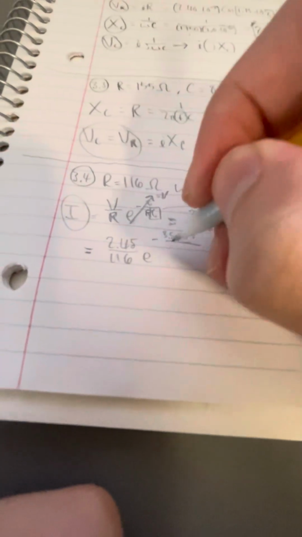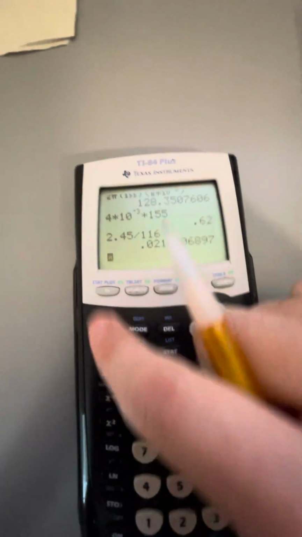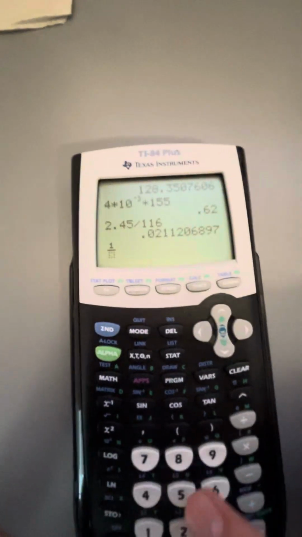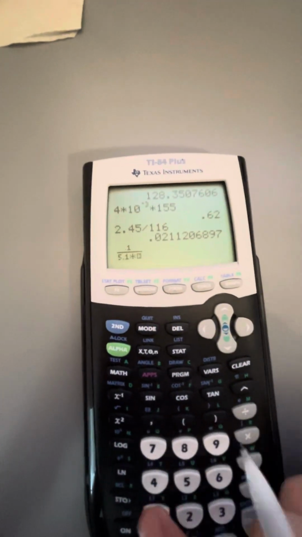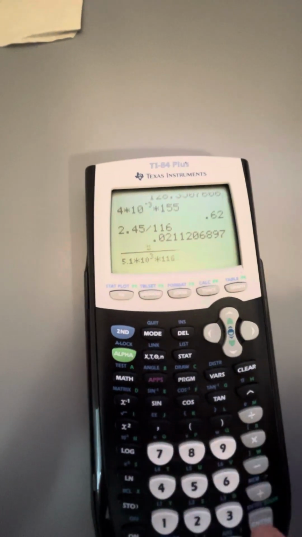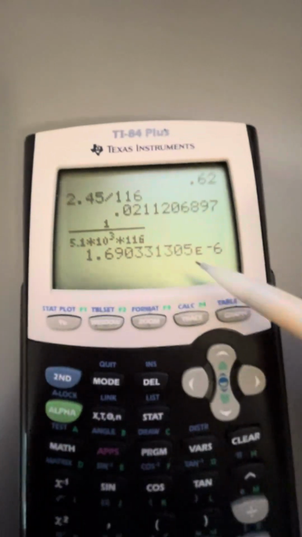What is that going to give us? So R times C down here, so resistance 116, and then I'll plug this in to find C so that we can use it. 1 divided by that gives us 1.69 times 10 to the negative 6.